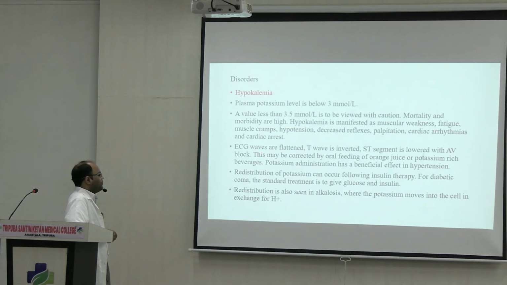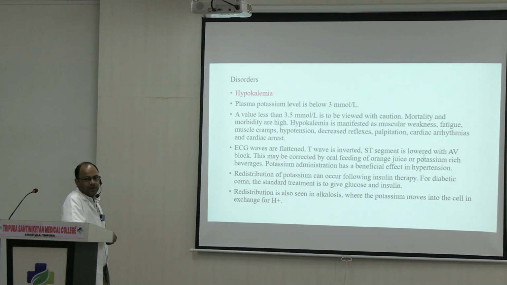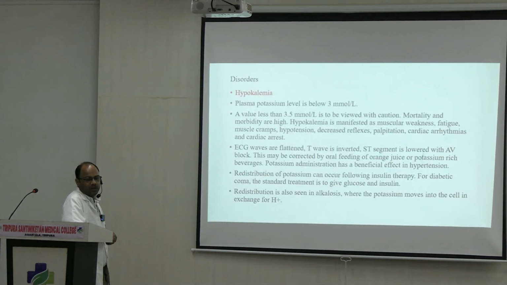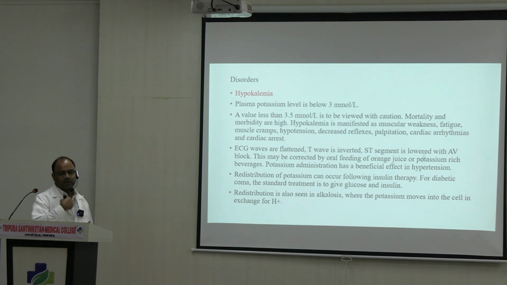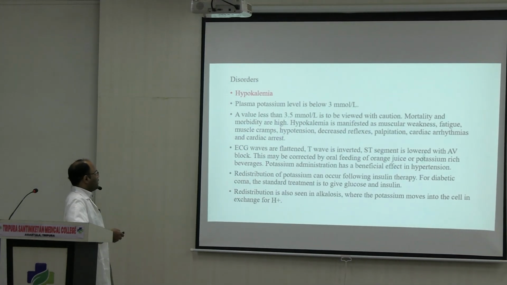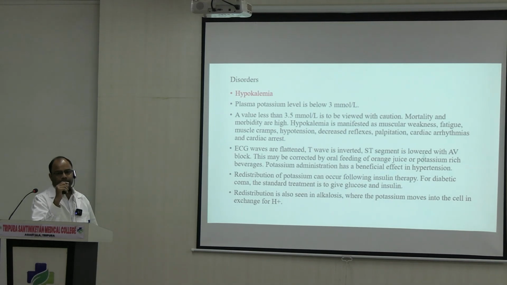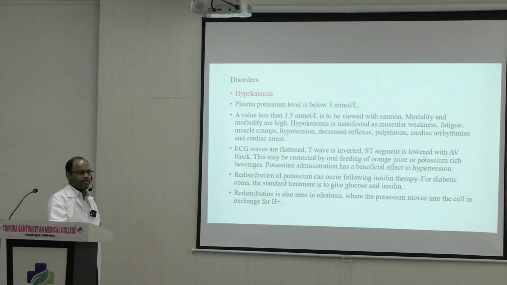And ECG, you have to look for ECG. What is ECG? Have you heard of ECG? Electrocardiography. Okay. This is a graphical representation of the electrical activity of the heart. In ECG we have the P wave, QRS complex, T wave, like this.